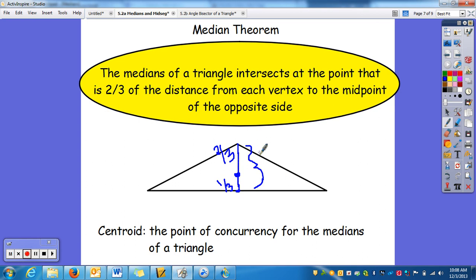So if I knew this entire distance was 9, I take 2/3 of 9, which makes this part 6, and then 1/3 of it would be here, which would be 3. The point where all those lines intersect is called a centroid. There are going to be many different names here, so a name for the point of concurrency of the medians is called a centroid, and we'll be practicing your vocab in class.